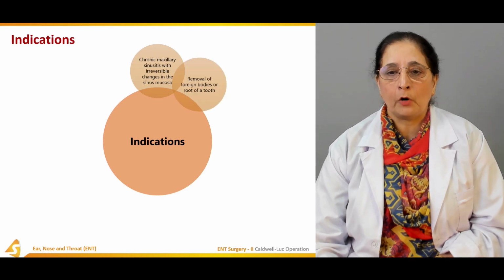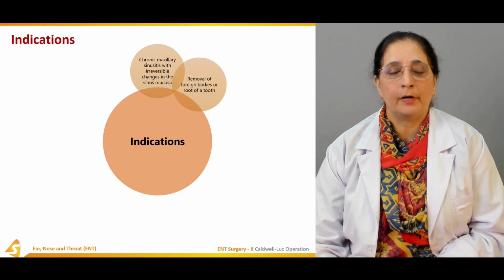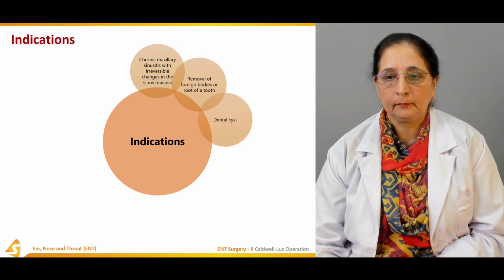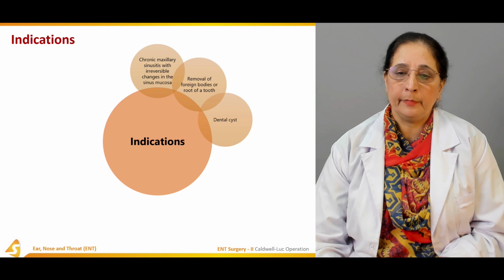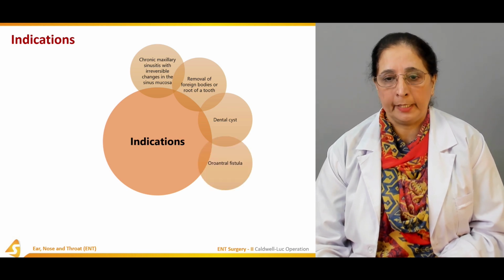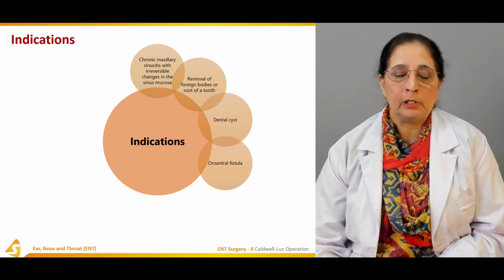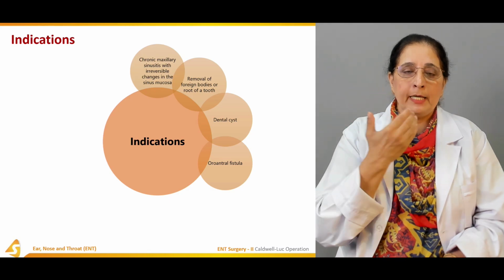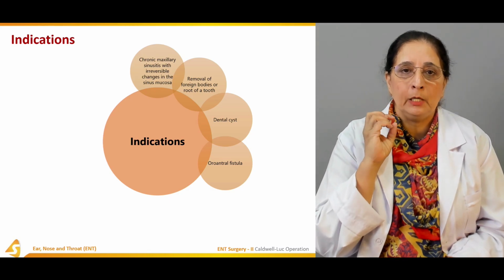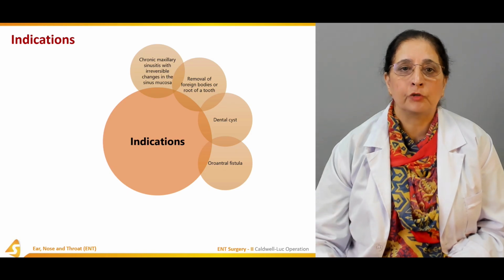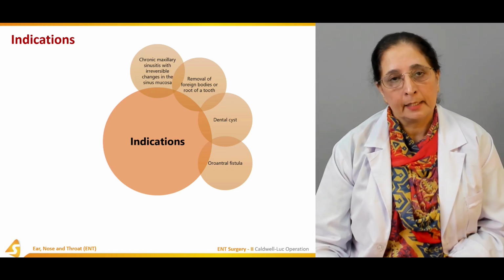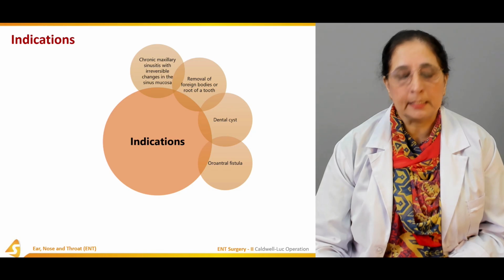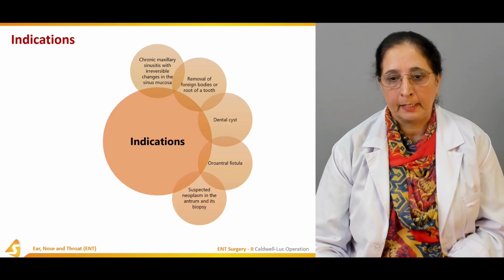Removal of a foreign body or root of a tooth. Dental cyst can be removed through this opening. Oroantral fistula: if there is an opening or fistula between the oral cavity and the antrum of the maxillary sinus, that can be fixed by this anterior antrostomy.